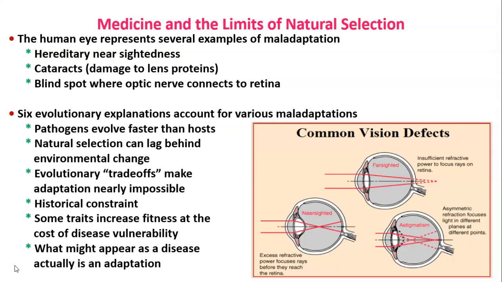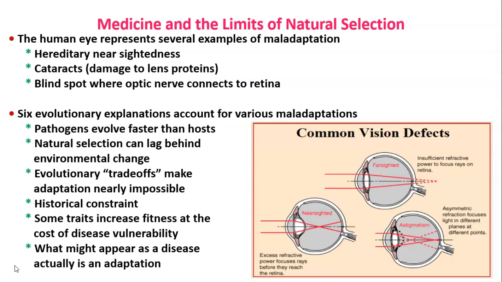Of course, I'm one of those. Cataracts, which involves damage to the lens proteins of our eyes. I think by the time you're reaching your 70s or so, a very large proportion of people have cataracts.